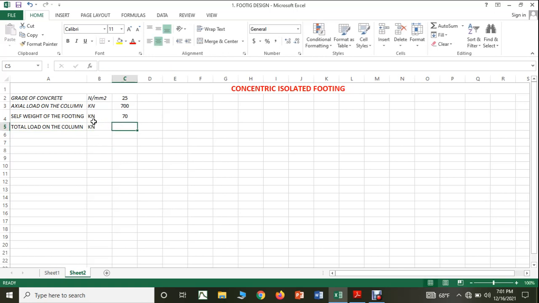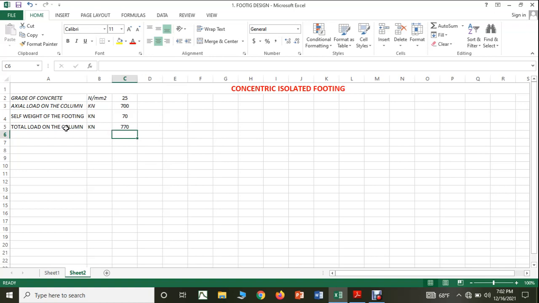So that will be this 700 plus 70, that is axial load plus self weight. I can give the formula equals, I'll open one bracket, click on this cell plus click on this cell, then close the bracket. That is column C row 3 plus column C row 4. You just give enter, and it will give you the total load on the column.